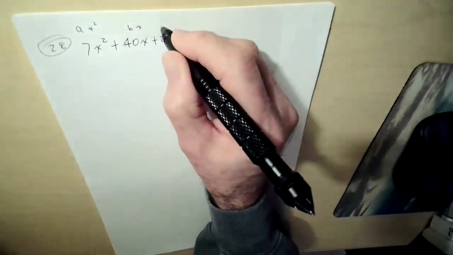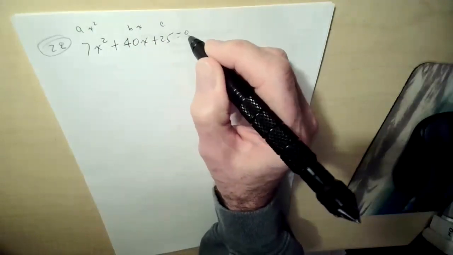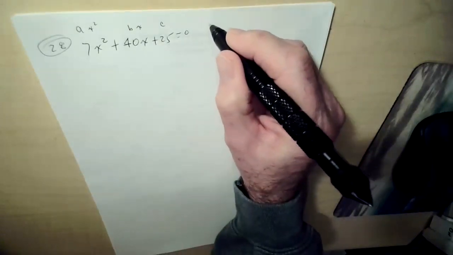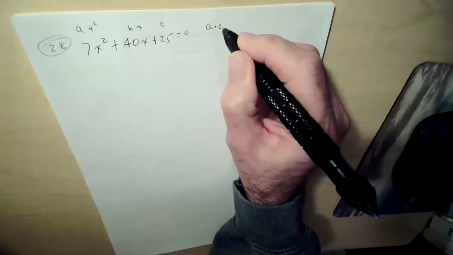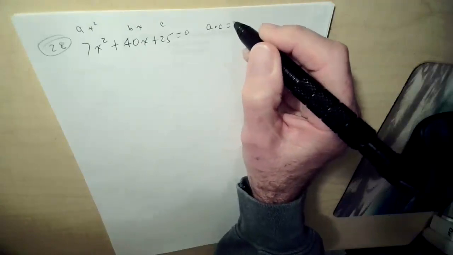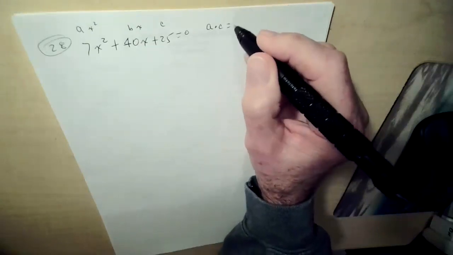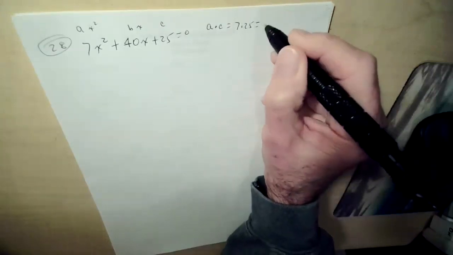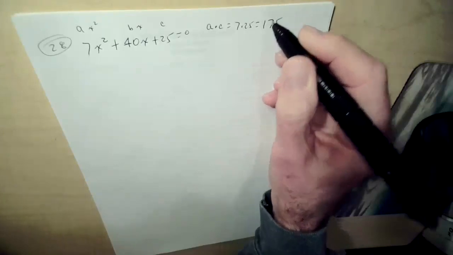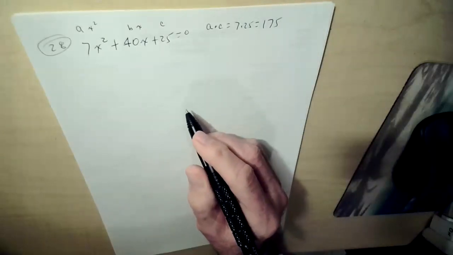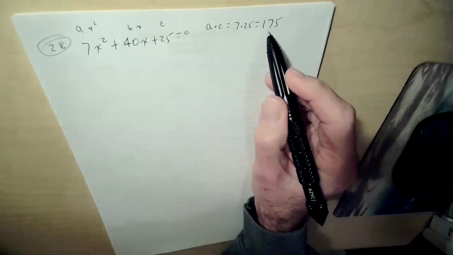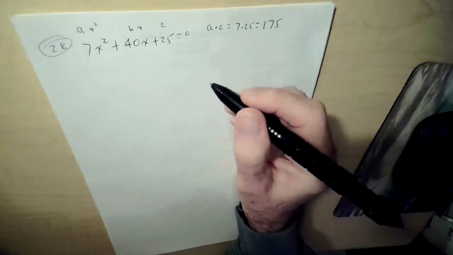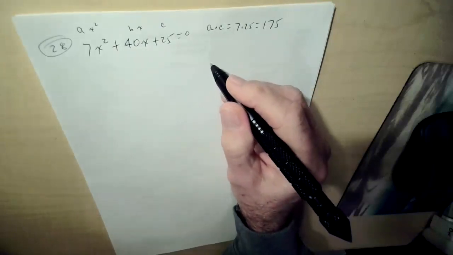Remember, this is ax squared, and this is bx, and this is c equals 0. We have to multiply a times c. Now, a times c is 7 times 25, which is 175. Now we want the factors of 175 that add up to 40.